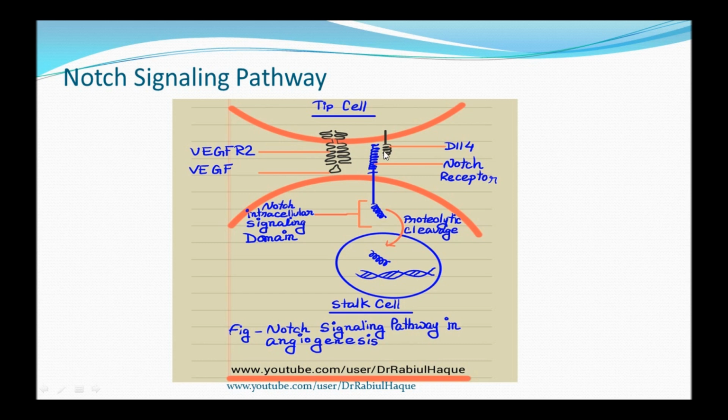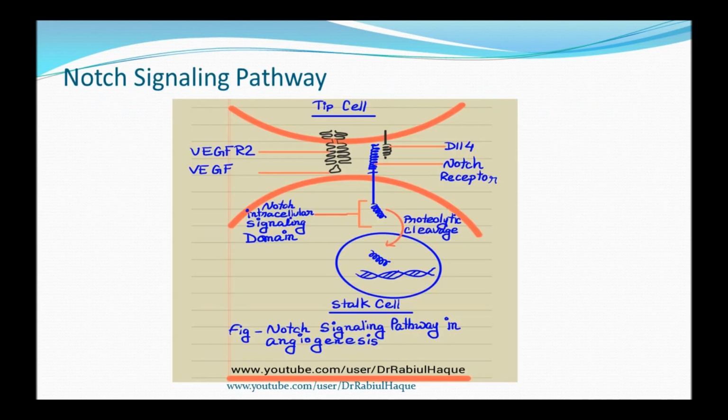Binding of the notch receptor with the notch ligand will result in proteolytic cleavage of the notch intracellular signaling domain. That was the intracellular portion of the notch receptor. So that will now undergo proteolytic cleavage. It will move in the cytoplasm and then enter the nucleus, and there it will cause gene activation. The activated genes will dampen the responsiveness of the stalk cell to vascular endothelial growth factor.